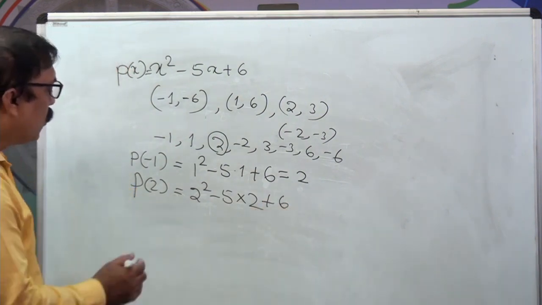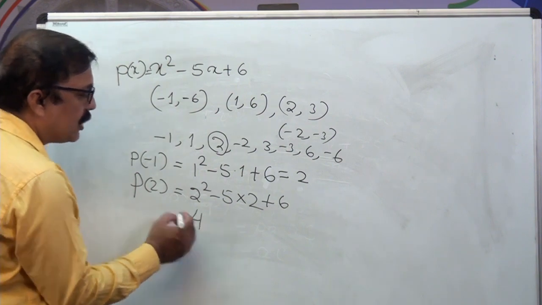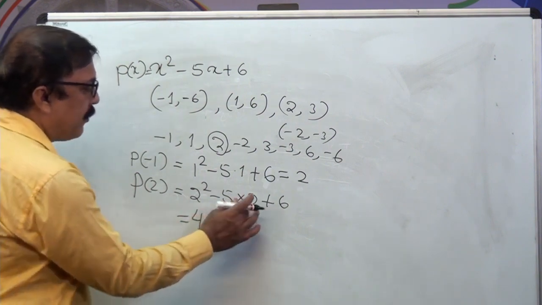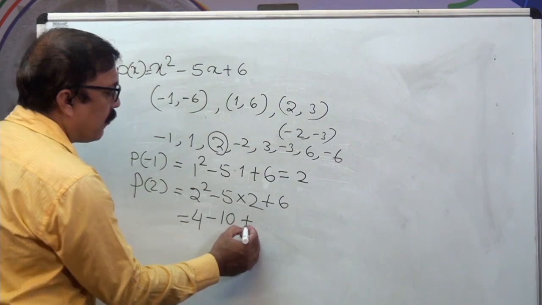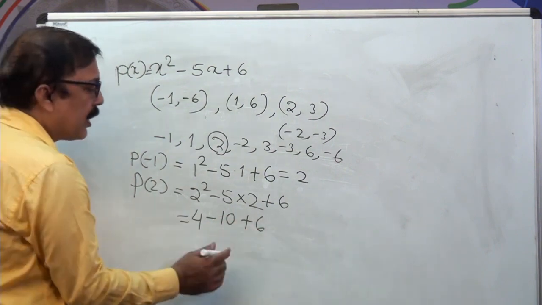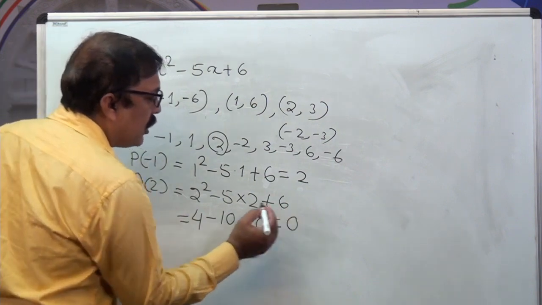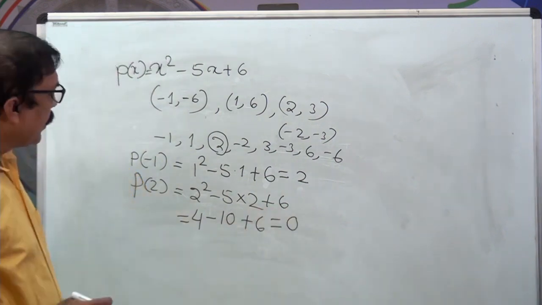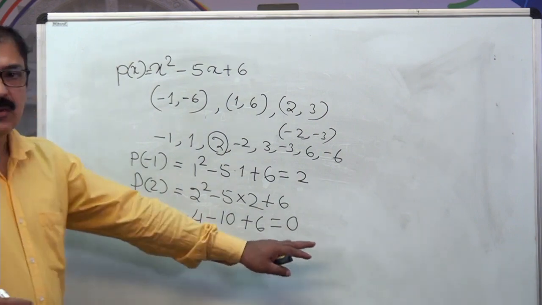From here we have 2 square is 4 minus 5 into 2 is 10 plus 6. So this clearly indicates that the value is 0. So P(2) is 0.